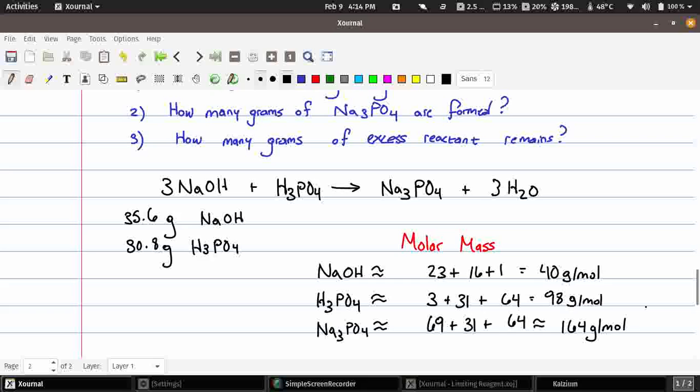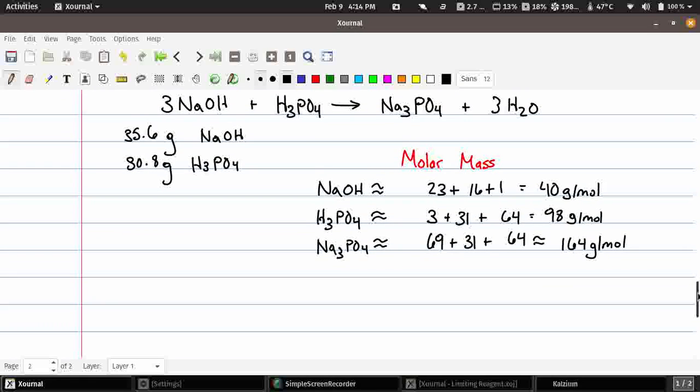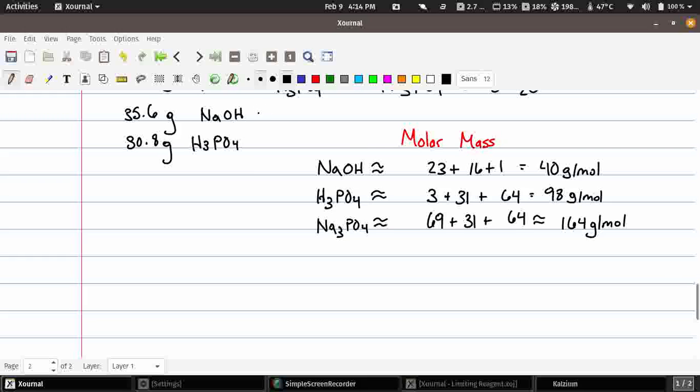Now, the easiest way to do this is to convert what our samples were into moles. The way we're going to do that is by using our molar mass and the mass that we were given. So let me write that down. Convert to moles. We have 35.6 grams sodium hydroxide times 1 mole sodium hydroxide over 40 grams sodium hydroxide.